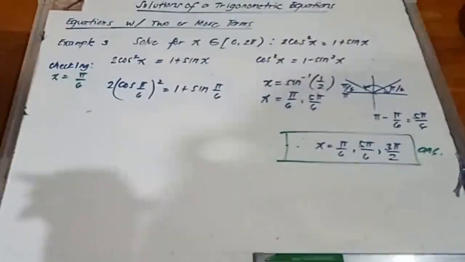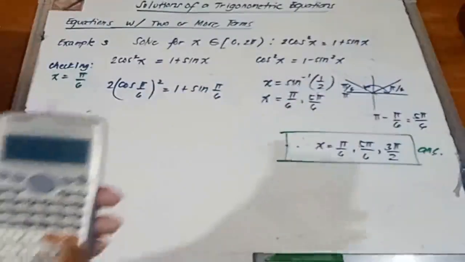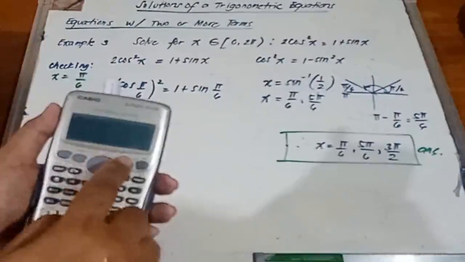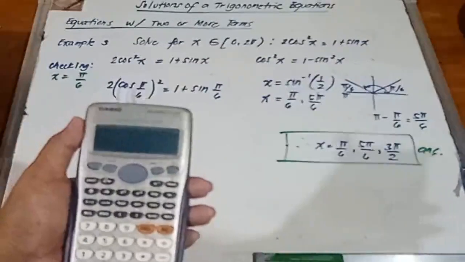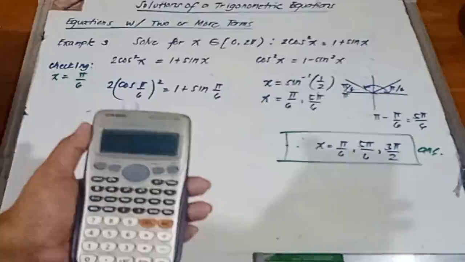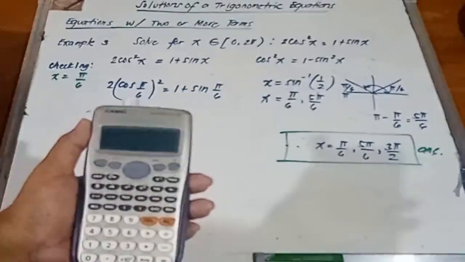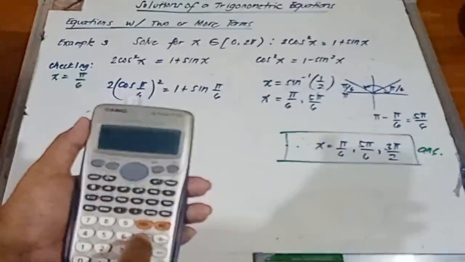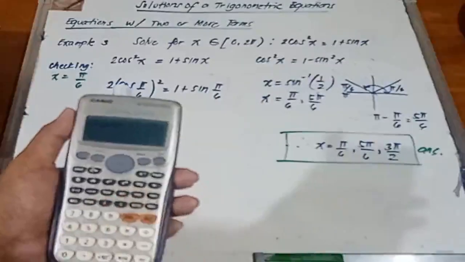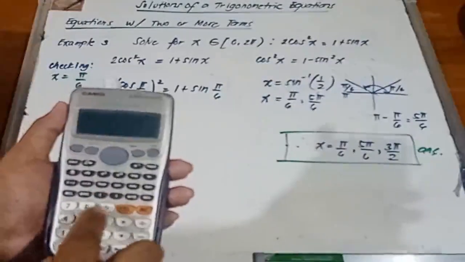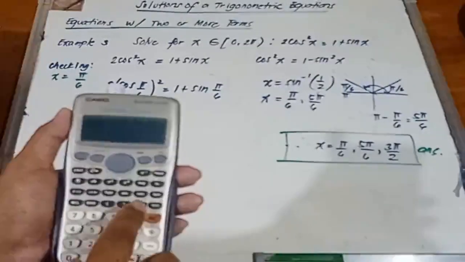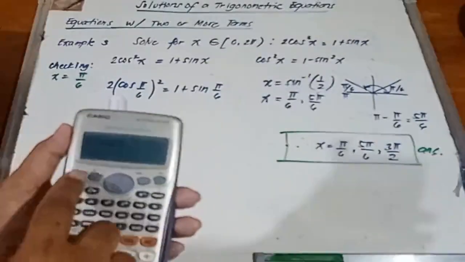Make sure lang kayo ay nasa radian. Okay? So, press mo, shift, set up, 4. Nasa radian mode na. Okay? Tapos, 2 times parenthesis cosine pi over 6.